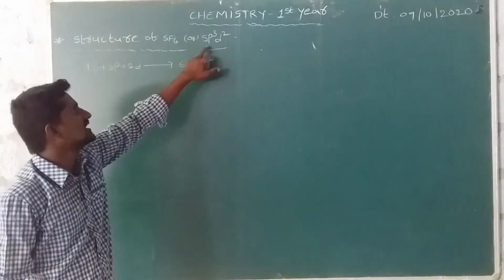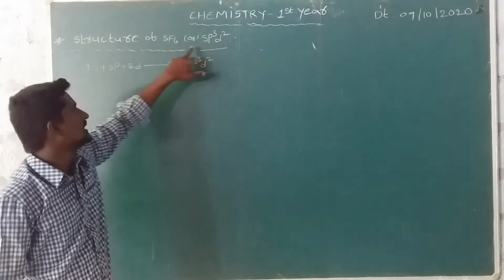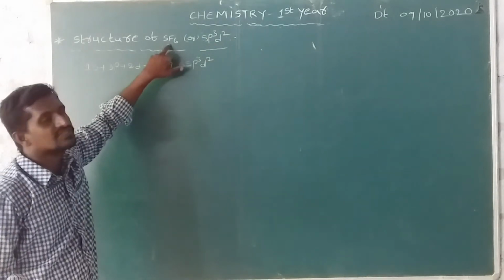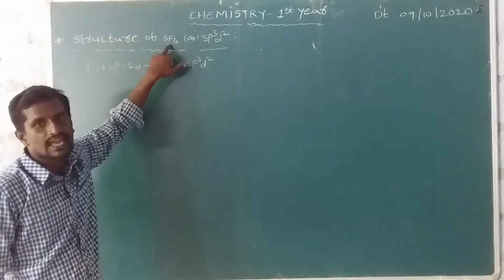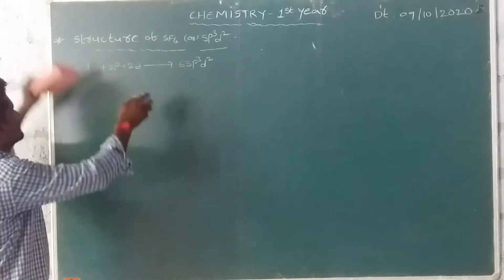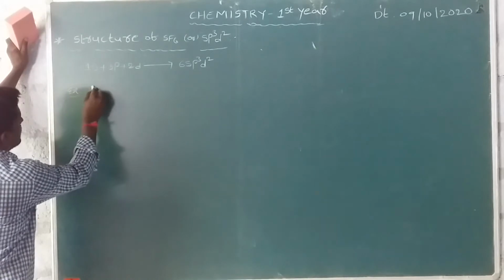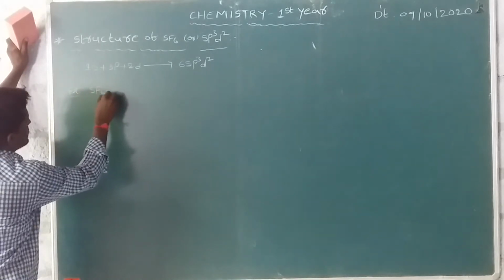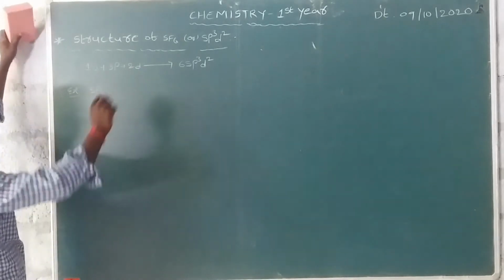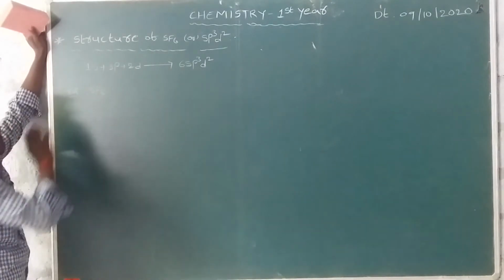In sp3d2 hybridization, the example is SF6, sulfur hexafluoride.